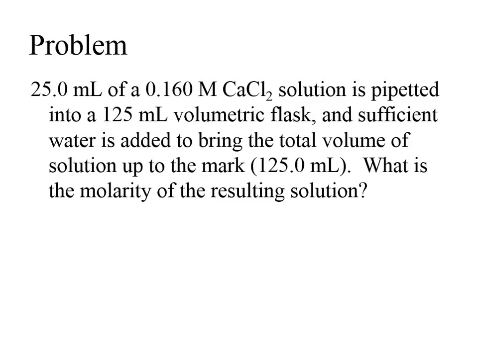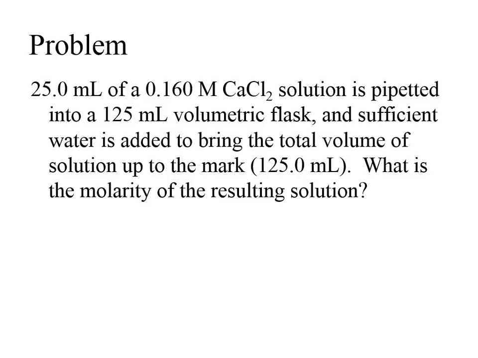Okay. So it says 25.0 milliliters of a 0.160 molar calcium chloride solution is pipetted. So now, we have a concentrated solution over here on the left, so we'll call that the stock.